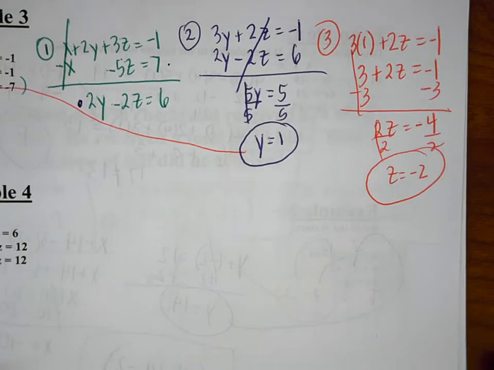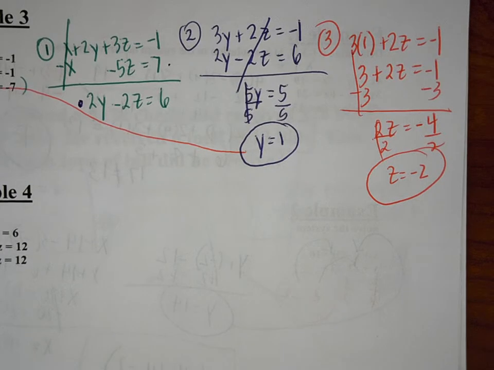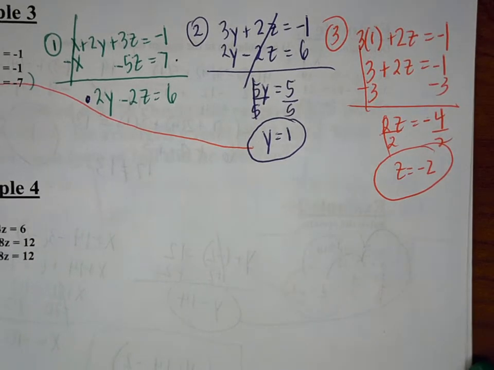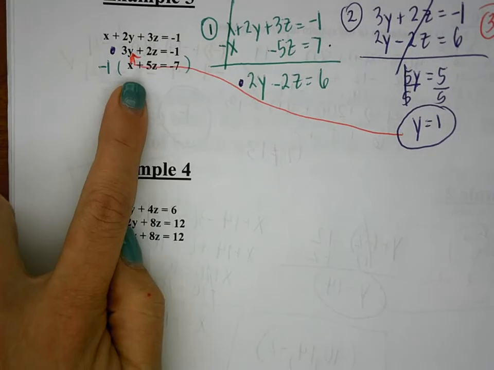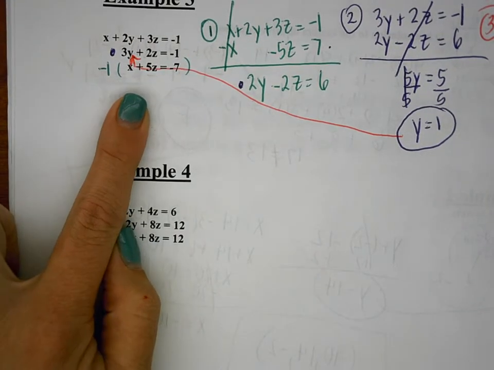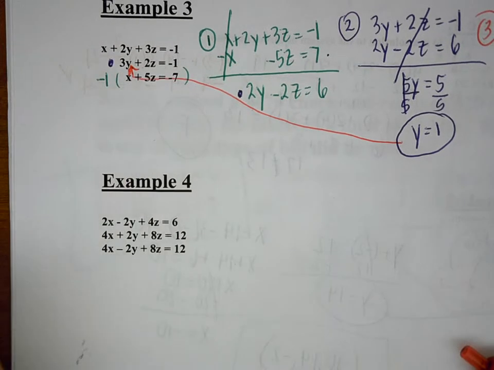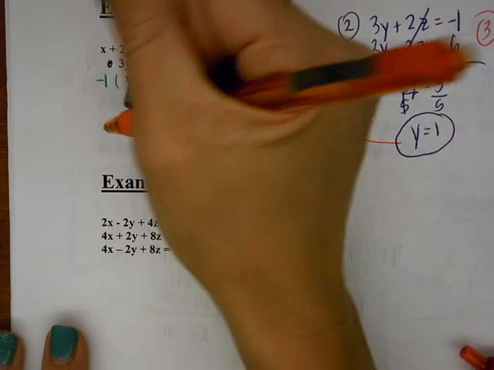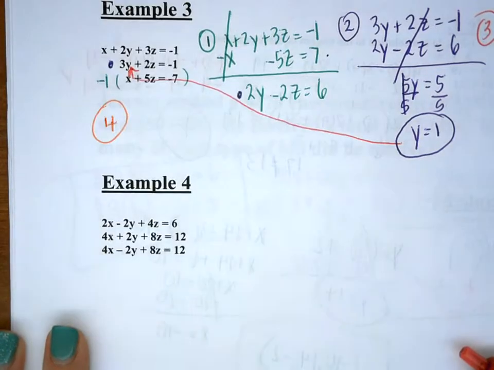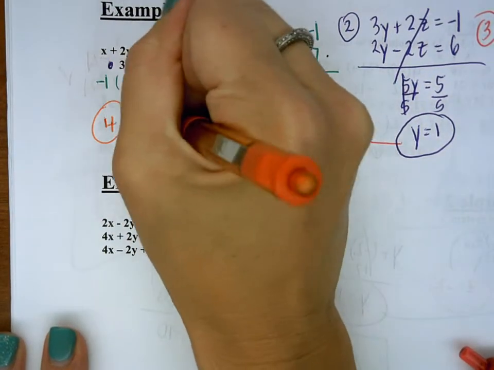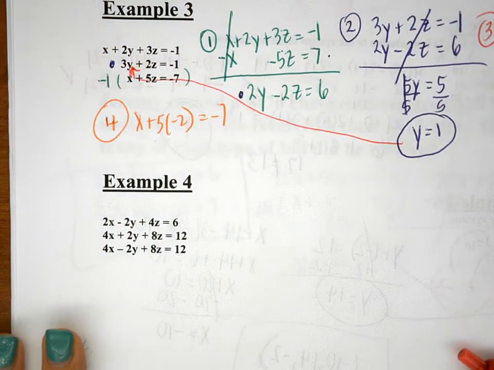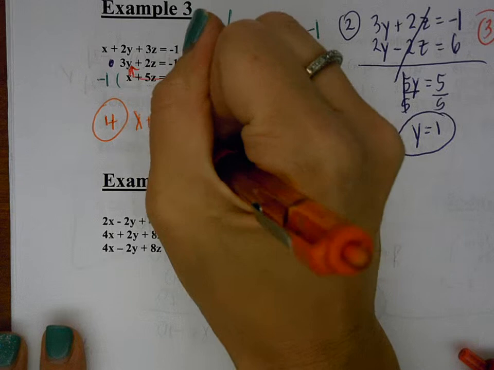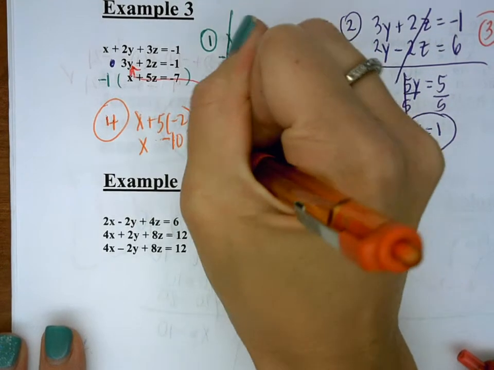Okay, now what variable do I still need to find? X. What would be the easiest equation to use? Good, that last one right here, because it just has x and z. Okay, so we're going to take our z value and plug it in here. So my step 4 now, we have x plus 5 times -2 equals -7. 5 times -2 is -10, so x minus 10 equals -7.